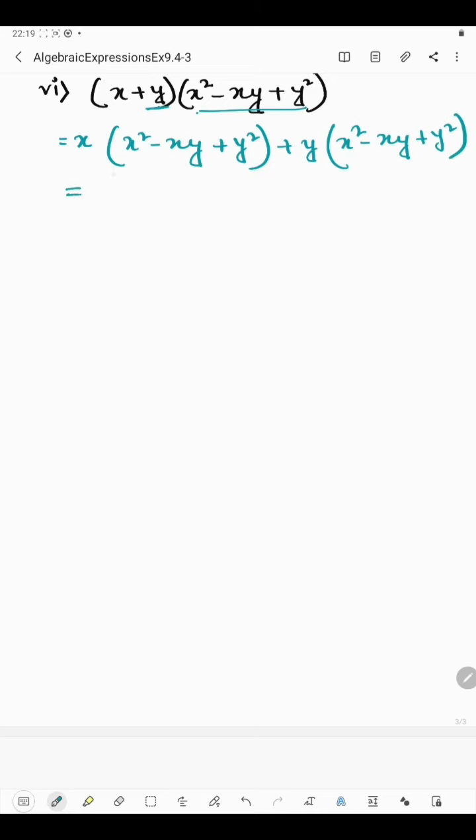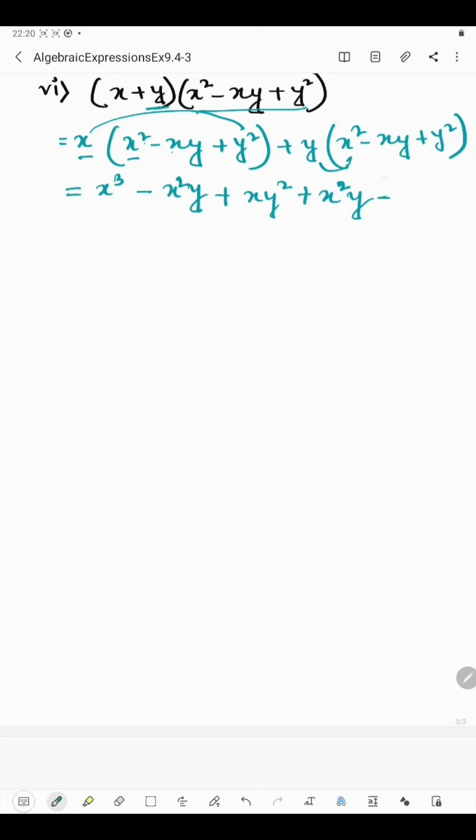Okay, now x into x, how many x is there? Here x is 2 and here is 1, so it's x cube, minus x into x square, 2x is there, so x square y, plus x into y square, so it's xy square, now plus y into x square, or x square y, it's same, y square x or x square y is same, so we'll write x square y.